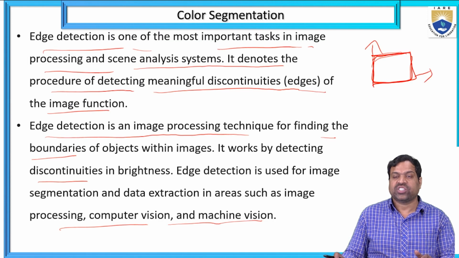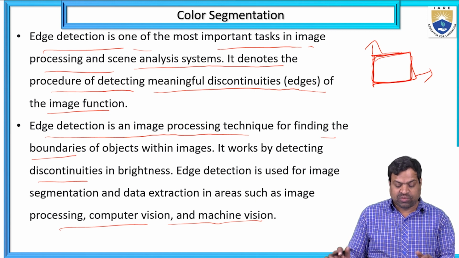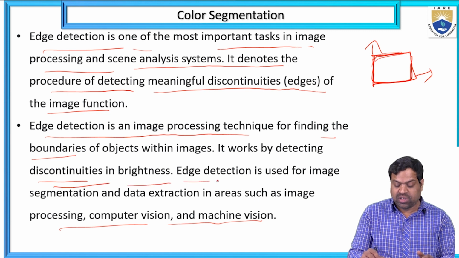Especially we are using Sobel and Prewitt for edge detection segmentation. Edge detection is one of the most important tasks of image processing, and it denotes the procedure of detecting meaningful discontinuities of the image function. Edge detection is an image processing technique for finding the boundaries within the image, and it works by detecting discontinuities of brightness.